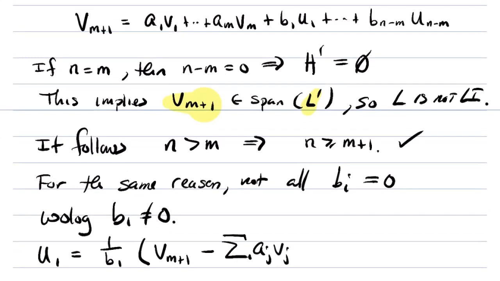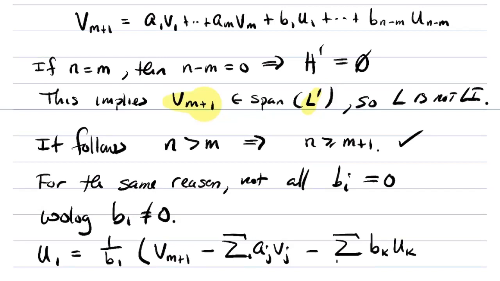And then we'd have all of the other B terms. So that one, I'm going to write the sum of B_k U_k, and let me be explicit here that k would go from 2 up to n minus m. Here, this j goes from 1 up to m. Okay, so that's just solving that thing for U1.